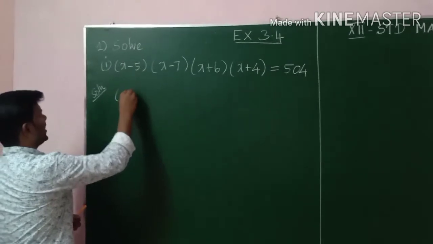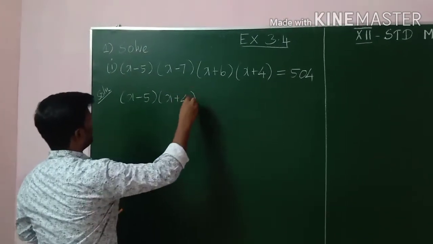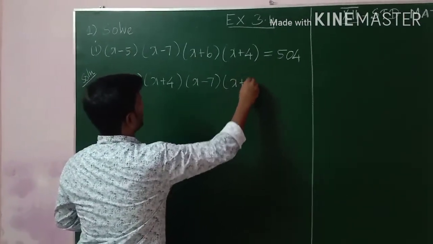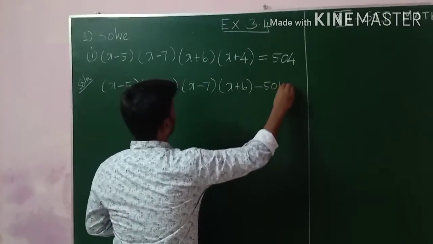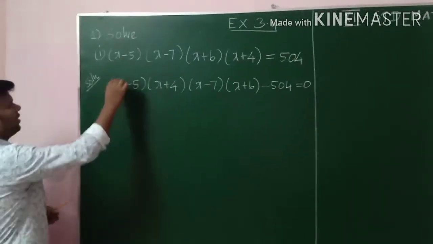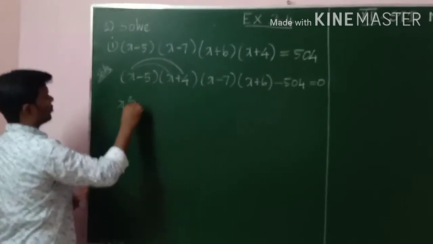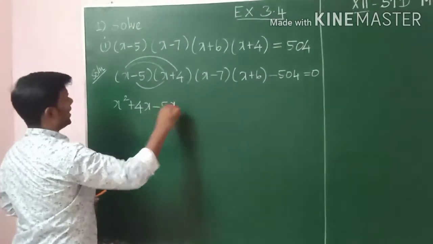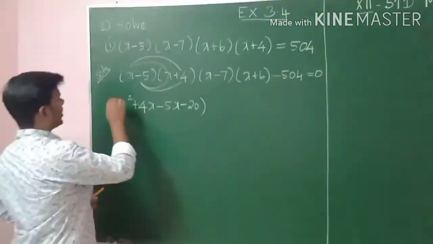So I take (x minus 5)(x plus 4) and (x minus 7)(x plus 6), plus 504. Bringing it to the left hand side, it is minus 504 equal to 0. So multiply x into x, x square, x into 4, 4x, minus 5 into x, minus 5x, minus into plus, minus 5 fours are 20.